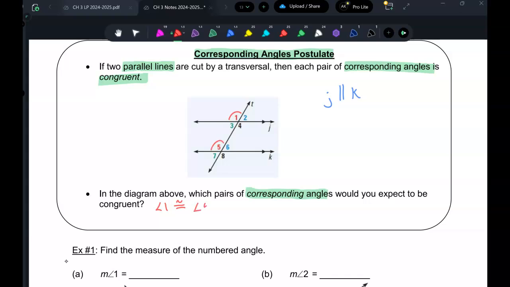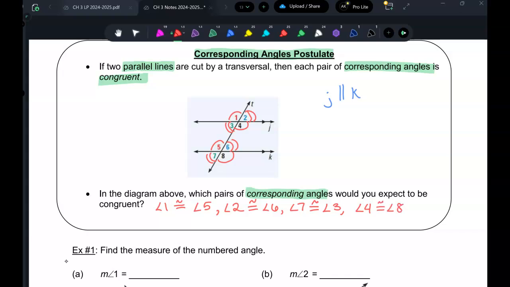Yeah, angle 1 is congruent to angle 5. What other angles would be congruent? How about 2 would be congruent to 6? 7 and 3. And we got one more pair, 4 and 8. Yeah, 4 has to be congruent to 8.